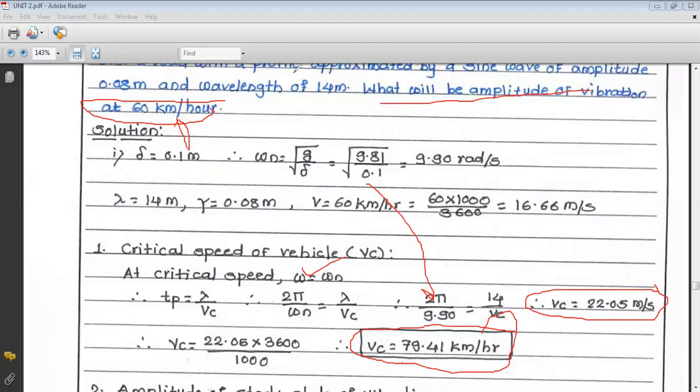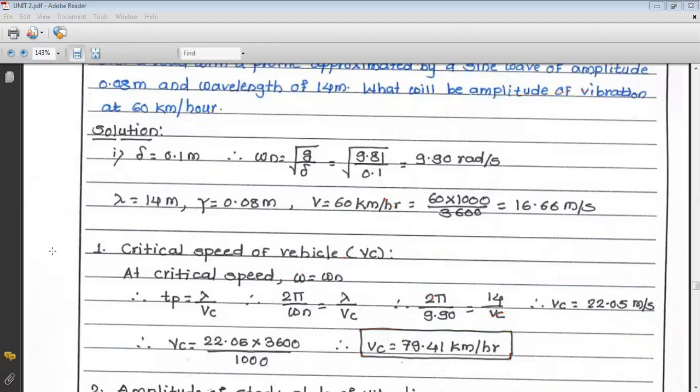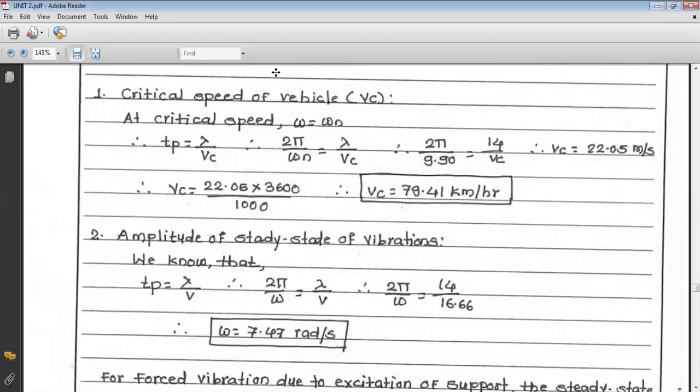So what will happen? We have to find out the value of omega. How will we find it? We know that Tp is equal to lambda upon V. Now Tp is 2 pi upon omega equals lambda upon V. What is the value of lambda? Lambda is 14 and V is given, that is 16.66 meter per second, which is 60 km/h.